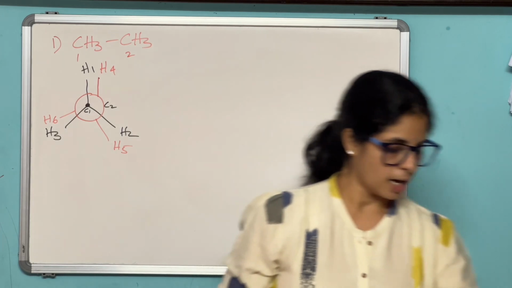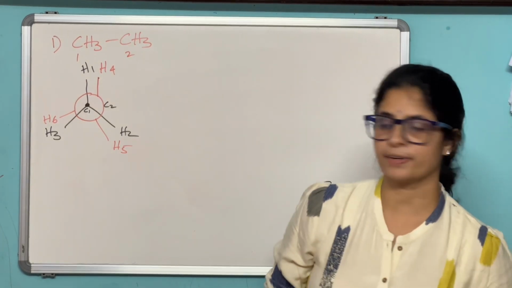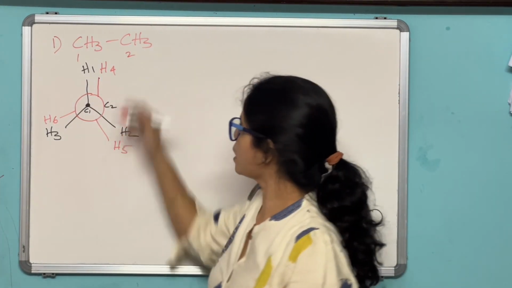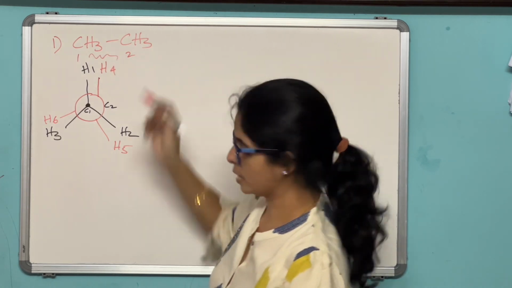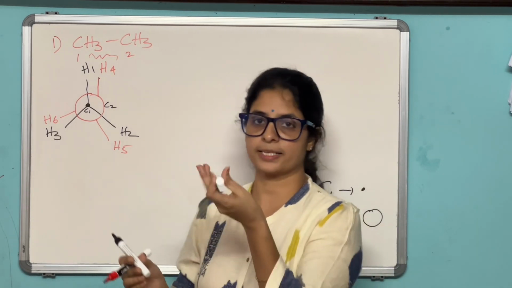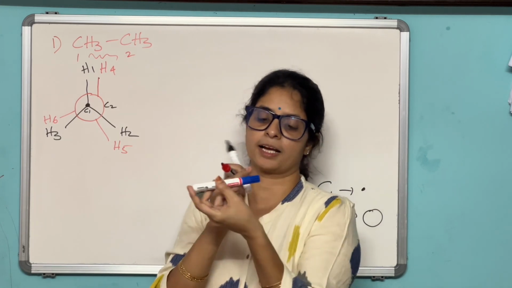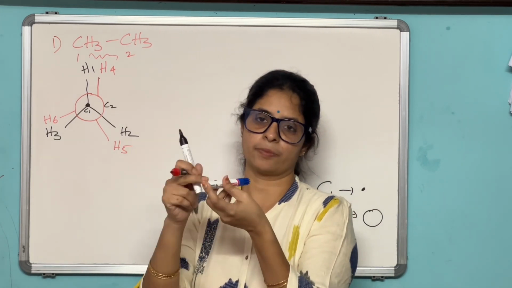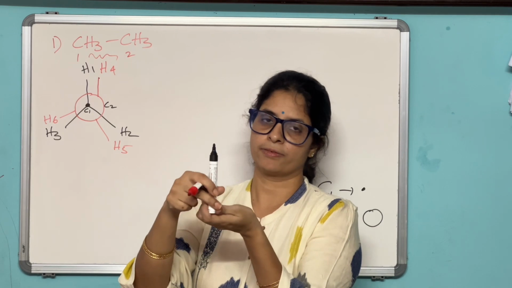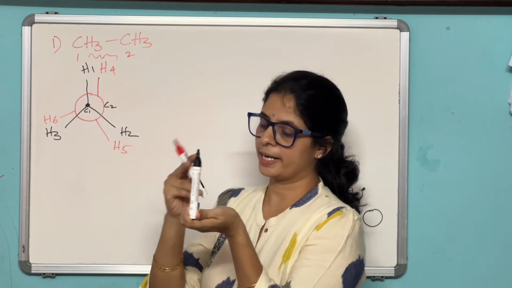Now how are these represented? For example, if you observe these two, assume this is one carbon atom and this is the second carbon atom. This is the carbon-carbon bond. Here it is your H1 and H4.